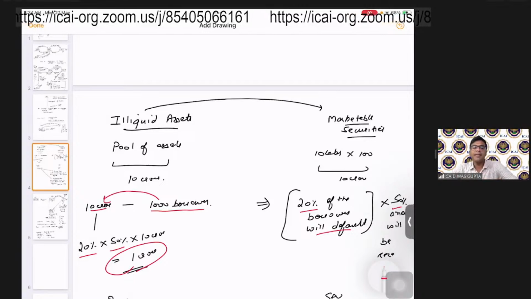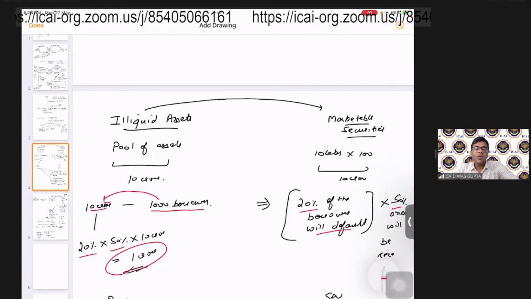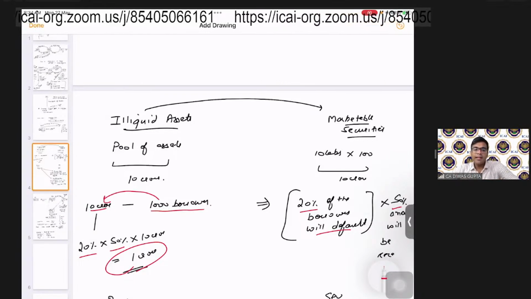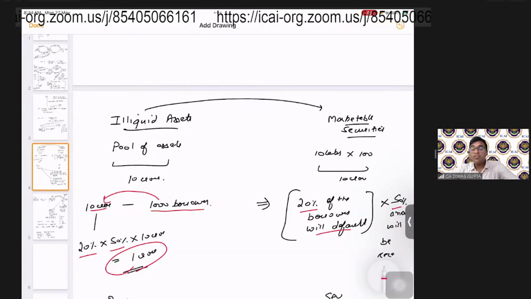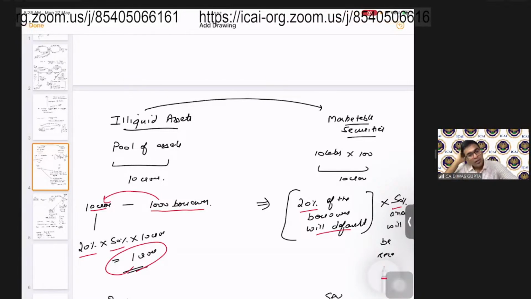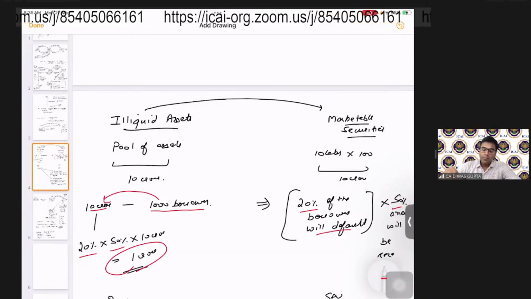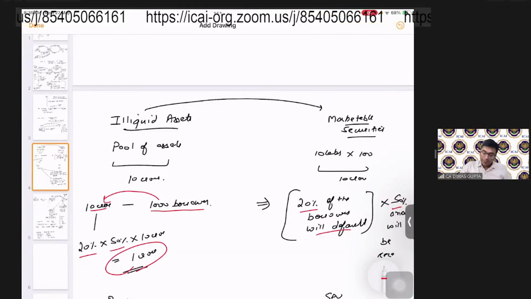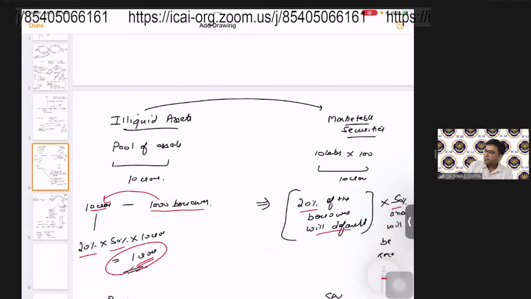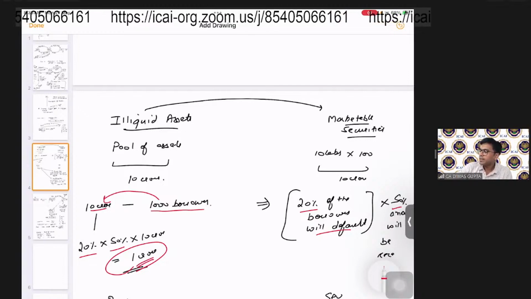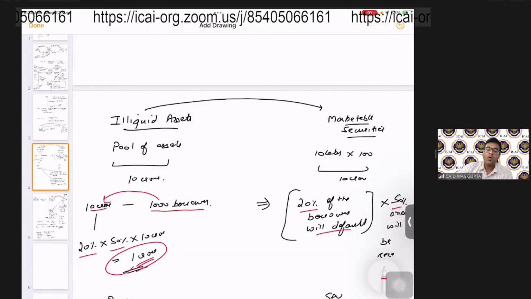Come on, students, tell me. So the question is that in case there is a probability of default, around 1 crore is the probability of default, students. Who will bear this loss?